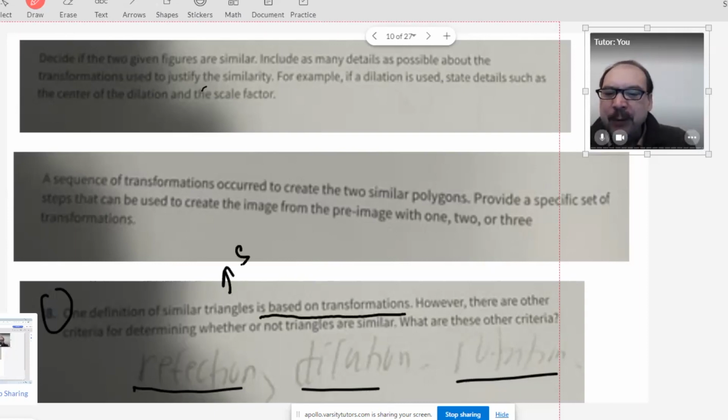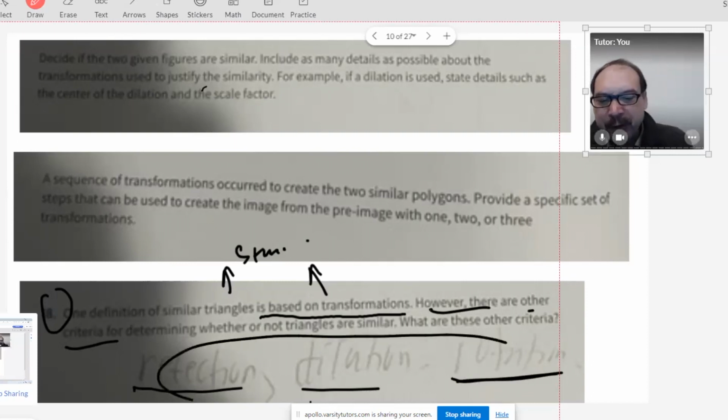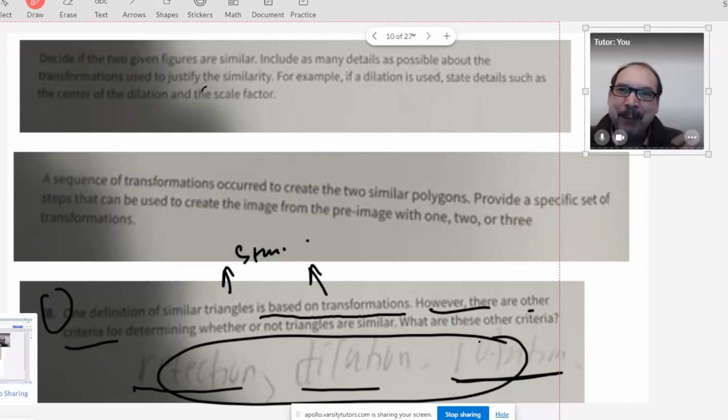So similarity is based on transformations. However, there are other criteria. And you answered reflection, dilation, rotation. But those are transformations. So you've been asked about other criteria different from transformations, which means listing existing transformations does not answer the question.